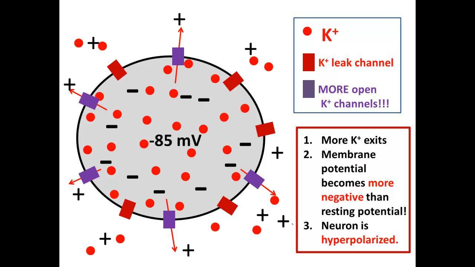And when that happens, we say that the membrane is hyperpolarized. Here I just put in a value of minus 85 millivolts. So if the resting membrane potential was negative 75, we've made the membrane potential more negative, and we'd say that our neuron is hyperpolarized.